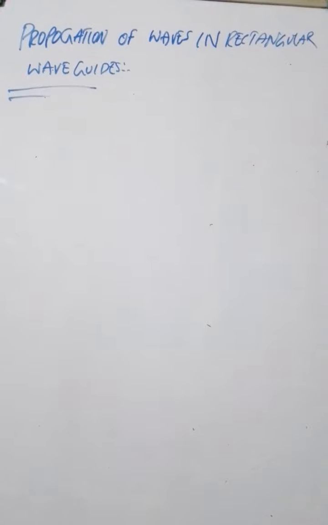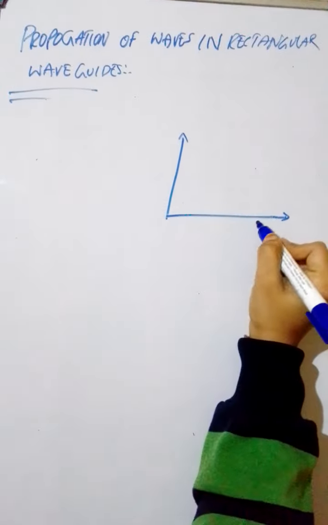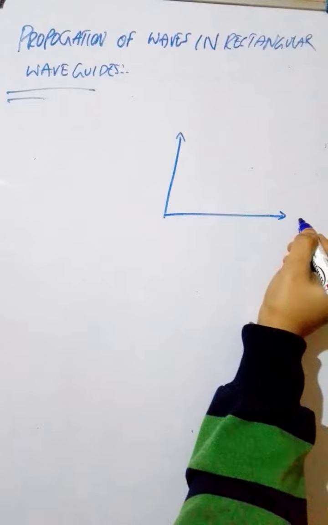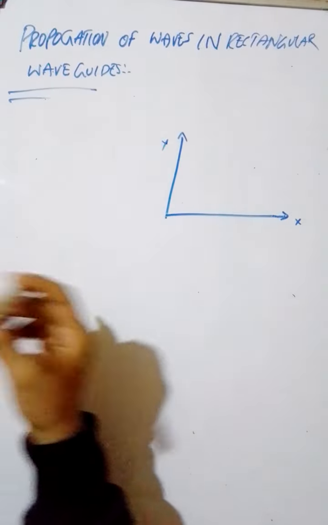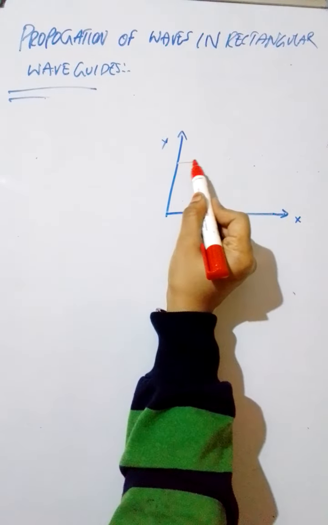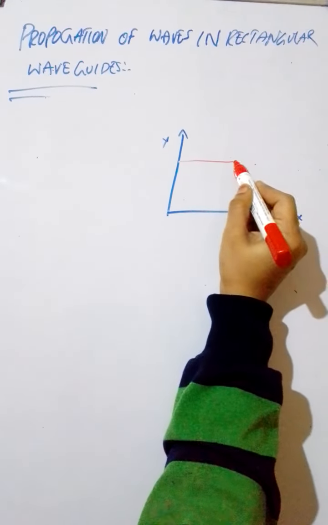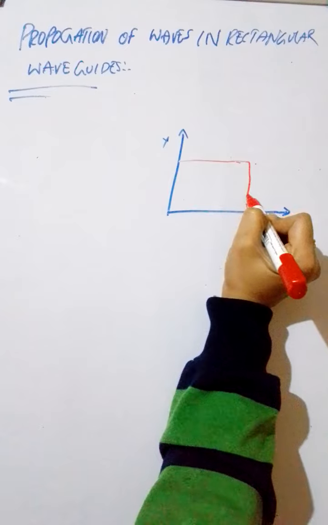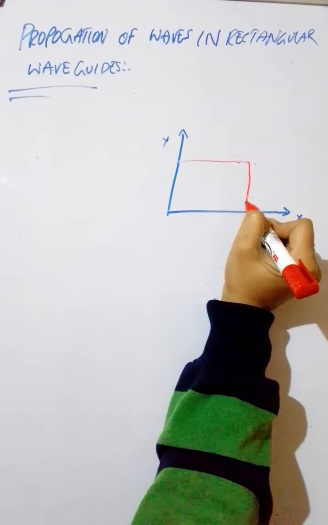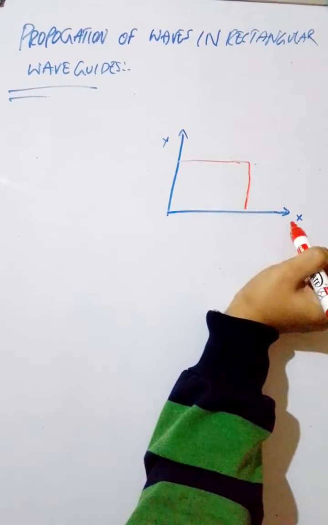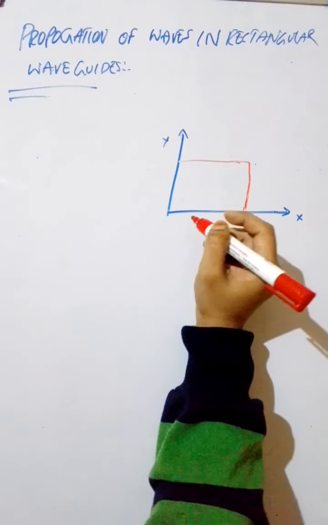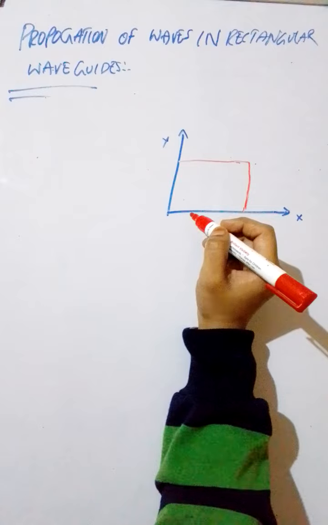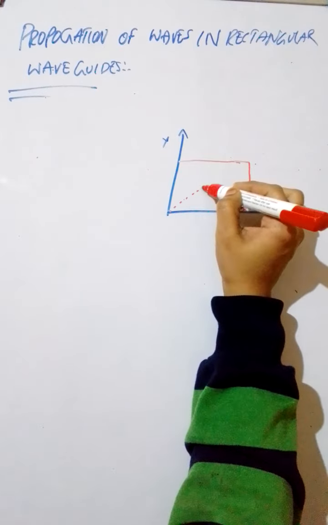Let us see with a small diagram. This one is the x-axis, this one is the y-axis. Now I am taking a rectangular waveguide which is situated along both the x and y axes, whereas the waves propagate in the z direction.